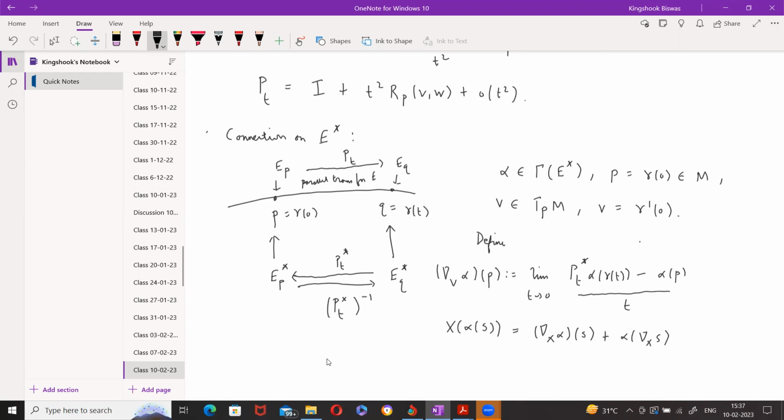Yeah, I mean, how would you try and prove something like this? Like what is x of alpha s? You have to look at alpha at, so if I look at it at time t, this is alpha at gamma t applied to s at gamma t.